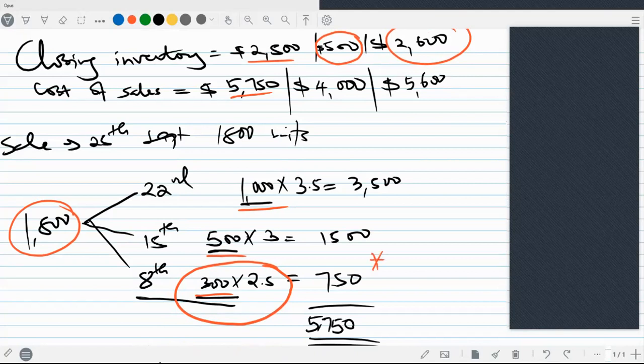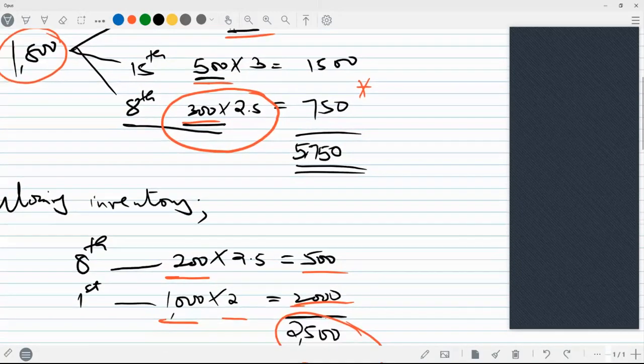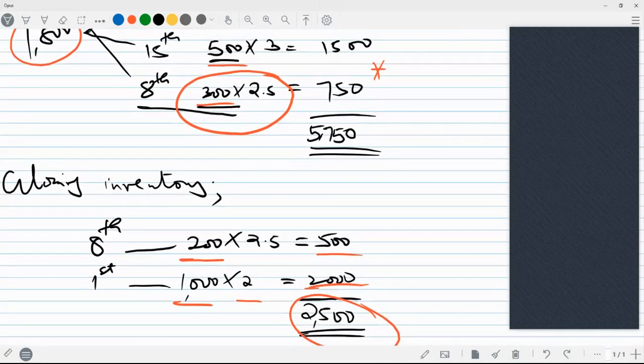And then on the closing inventory? I did 200 times 3. Okay, you have to be quite careful. Most of the time, as I told you, you can make a mistake, and the exam actually presents you with an answer with your mistake, so you might end up thinking that you have passed the exam, whereas you have failed the exam.